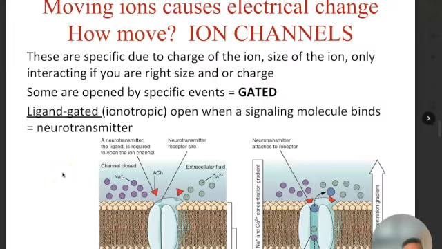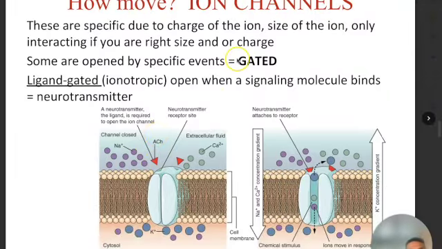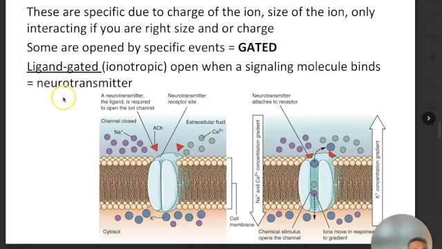You guys remember when the acetylcholine comes in, acetylcholine, which is a neurotransmitter, it causes these gates to open. This is called ligand gated, ionotropic, open when a signaling molecule binds, the signaling molecule being the neurotransmitter.